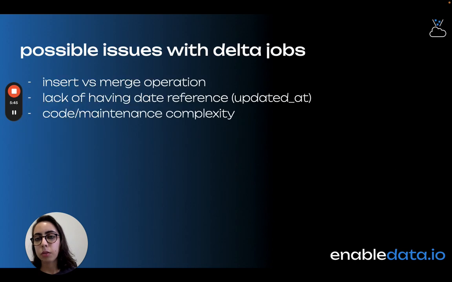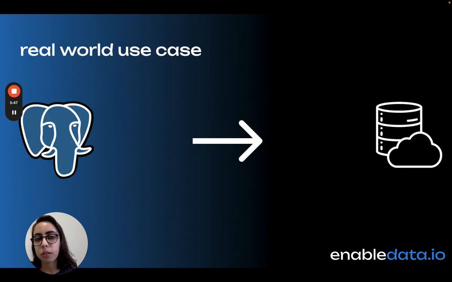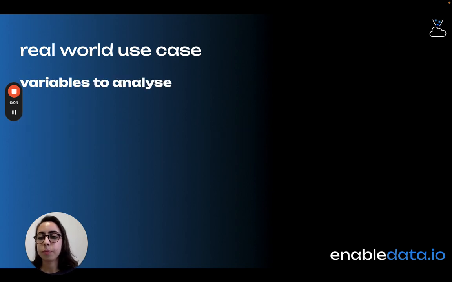So those are the possible issues with data jobs, and I wanted to talk about a real-world use case. In this case, it was exactly as I have described in the whole video. We had Postgres as a source, and we needed to bring all of the data into our data warehouse.